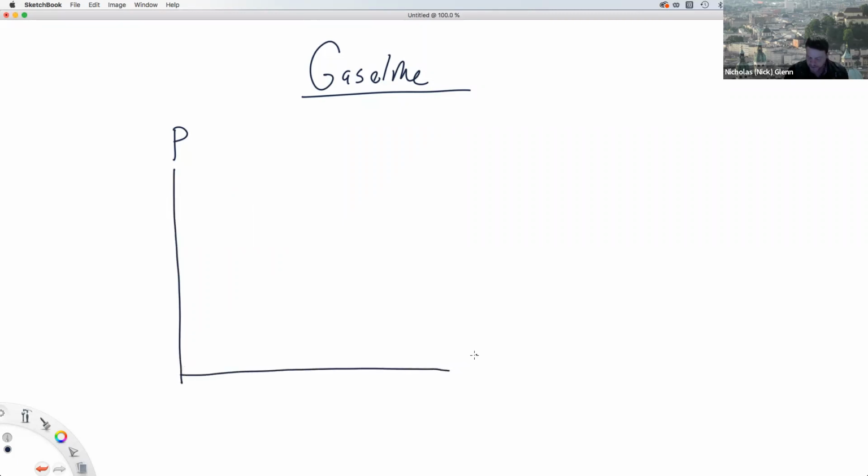Okay. So we're looking at the market for gasoline. On the y-axis, this is our price level, the price per gallon. On the x-axis, this is our quantity, gallons per week. Remember, our supply curve is upward sloping.